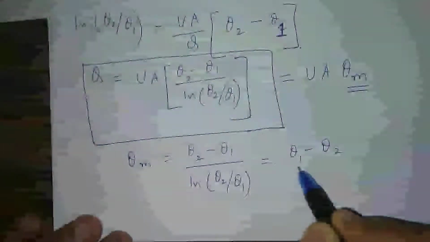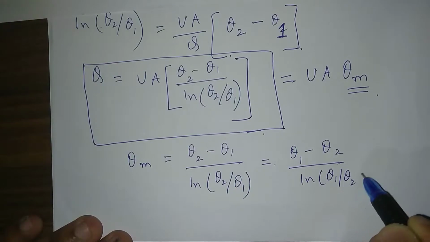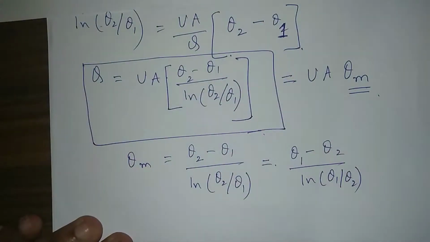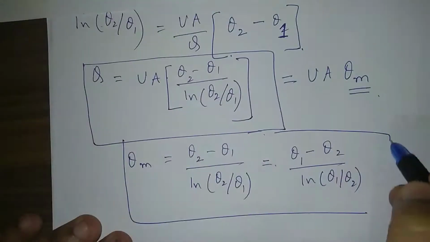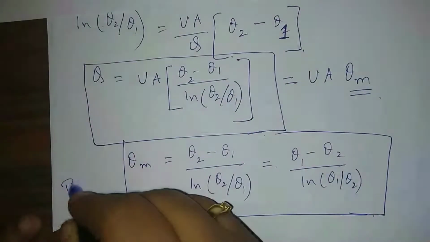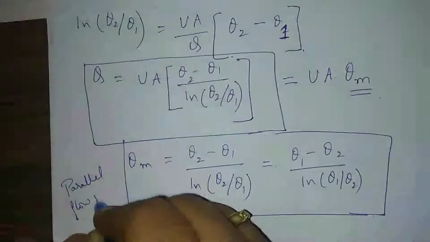You can do it either way. I have taken it from left to right, you can do it from right to left. Both definitions hold the same. This is for the parallel flow heat exchanger.